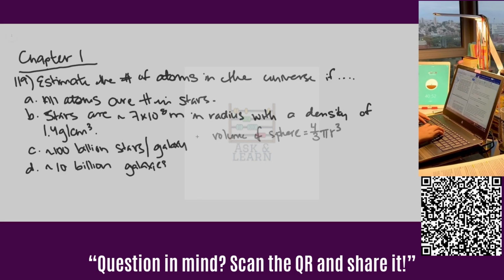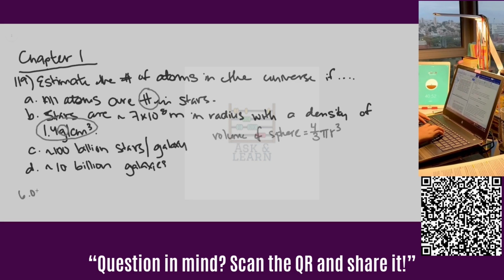One way that we can start here is that in order to count atoms based on the information that we know, knowing that the atoms we're talking about are hydrogen, so we know the mass of that, and we know the density of these stars, we're converting from a mass, grams, to a number of atoms. The way that we do that in chemistry is using Avogadro's number, or the mole.